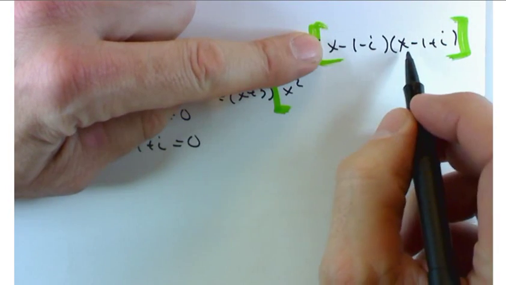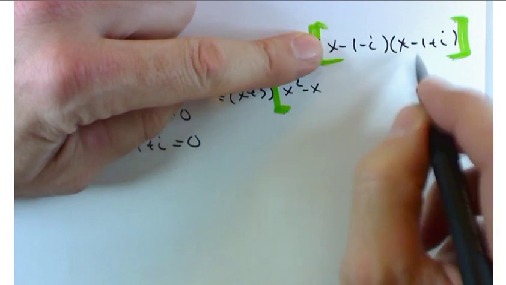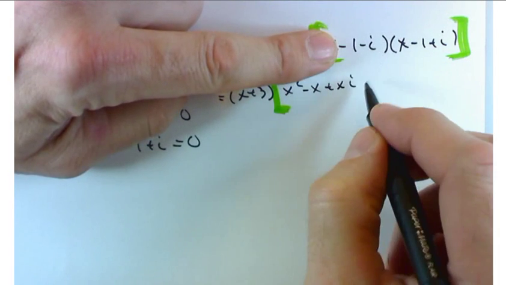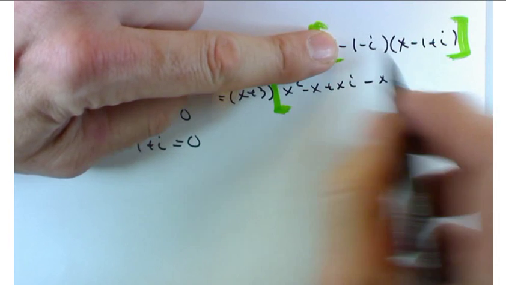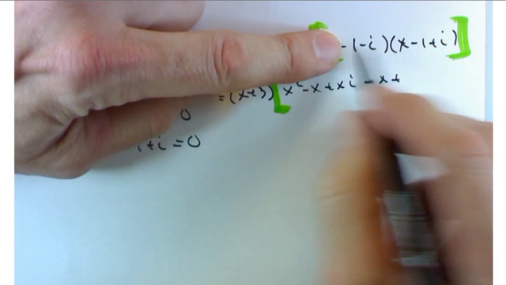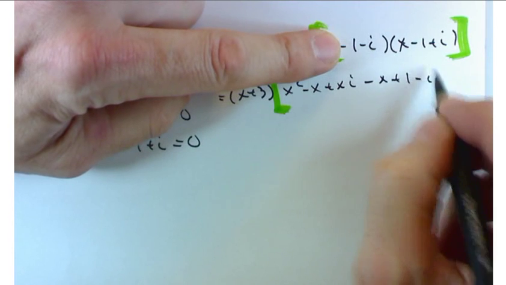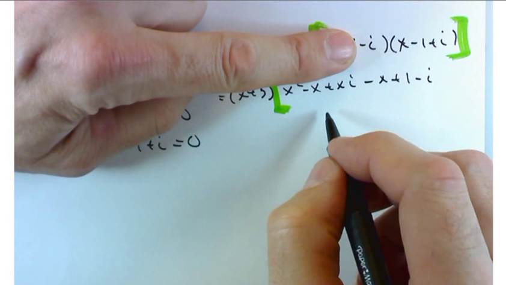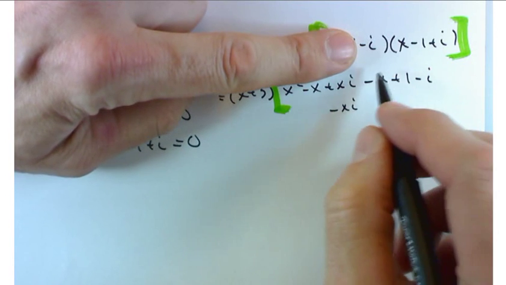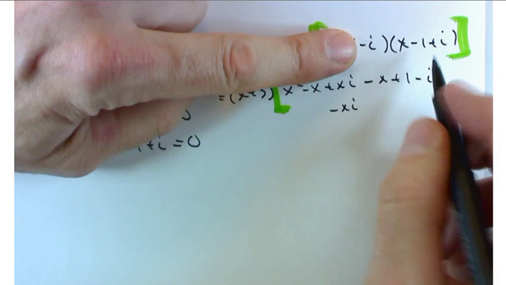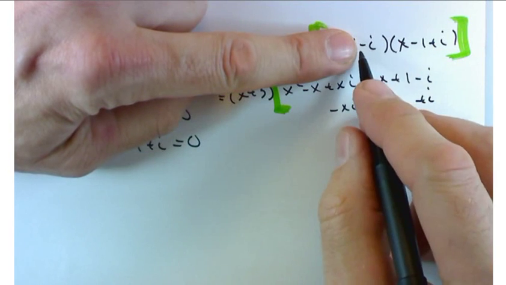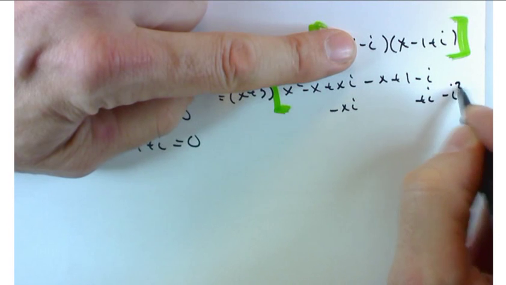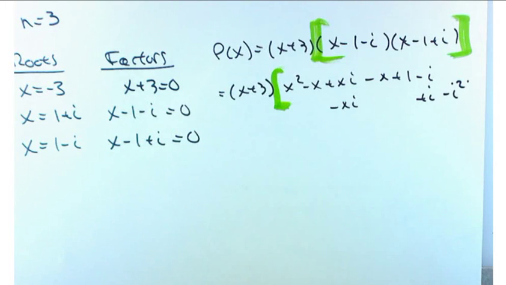All right. X squared minus x plus xi, and then distribute the minus 1. So I get a minus x, a plus 1, a minus i, and now distribute the minus i, I get minus xi, and then a minus and a minus is a plus i, and then the last terms give me a minus i squared.